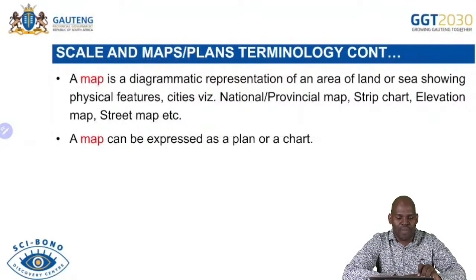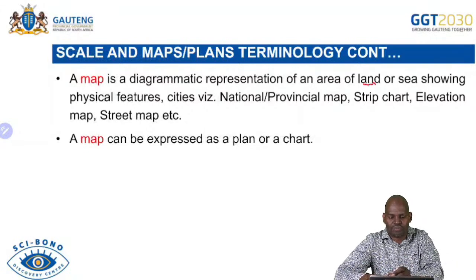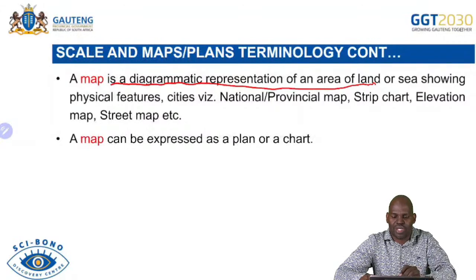A map is a diagrammatic representation of an area of land. Where we say a map is a diagrammatic representation of an area of land, I think this is actually enough for the definition.